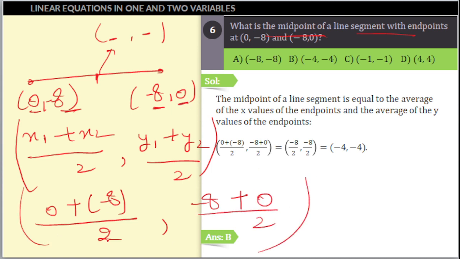Minus 8 divided by 2 is minus 4. So we get minus 4 comma minus 4. This is the coordinate of this midpoint.